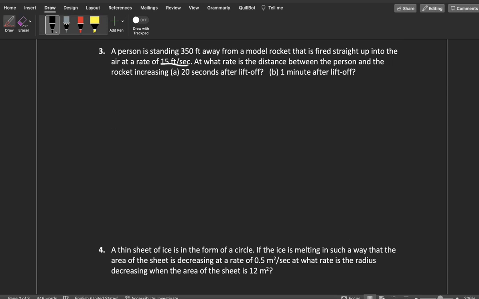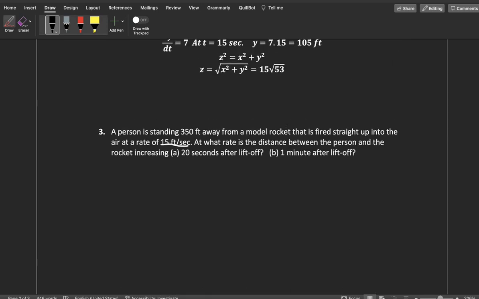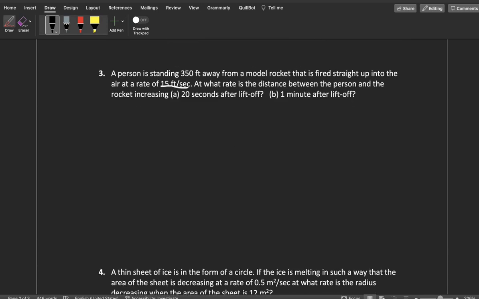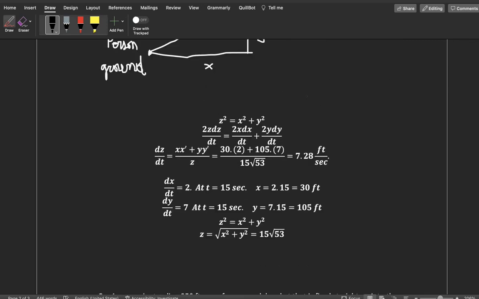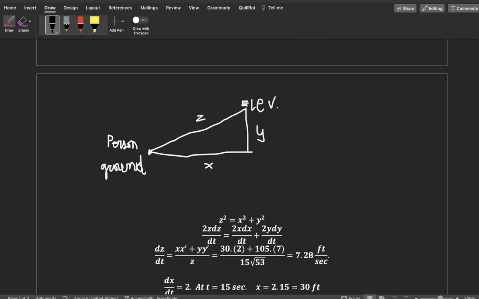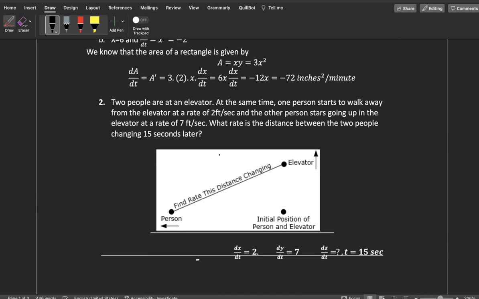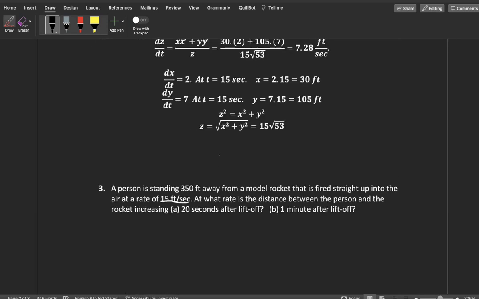Okay, so this is important, 15 feet per second. And we are asked to find the rate at which the distance between the person and the rocket is increasing, first, 20 seconds after the liftoff, and then second, 1 minute after the liftoff. So it's basically more or less repetition of what we did for question 2, right? So let's go through that.